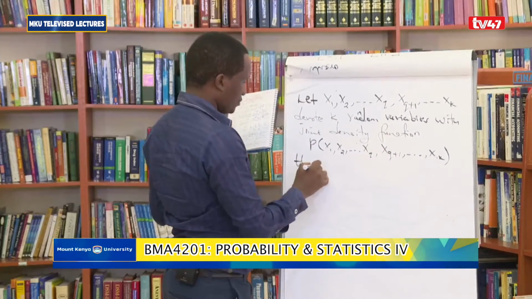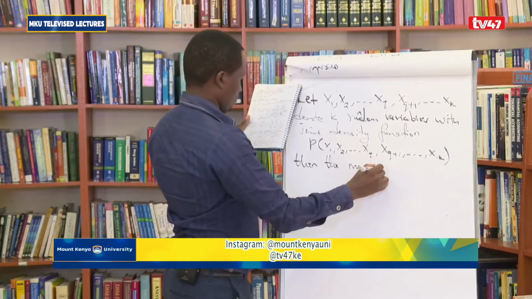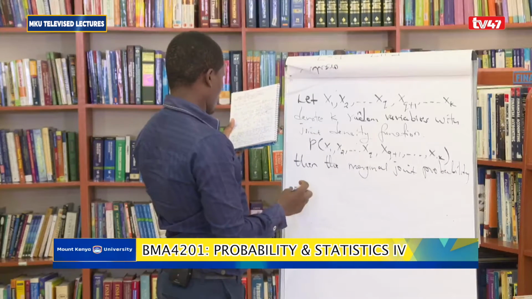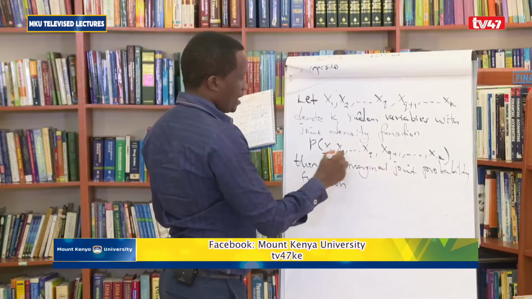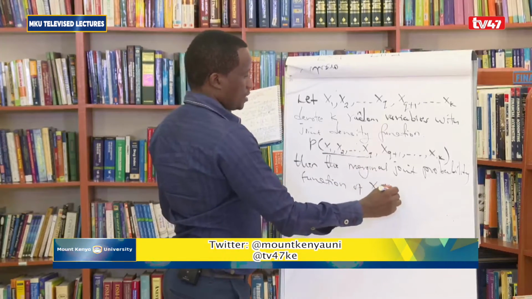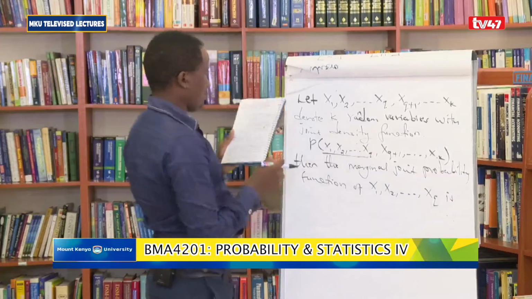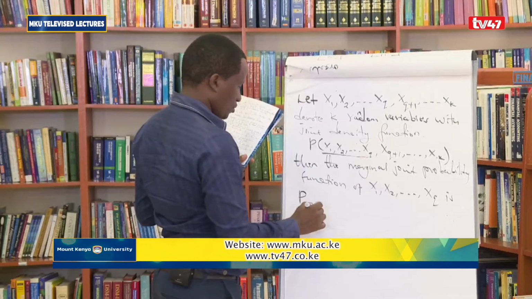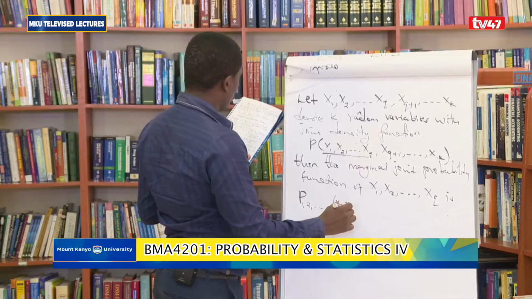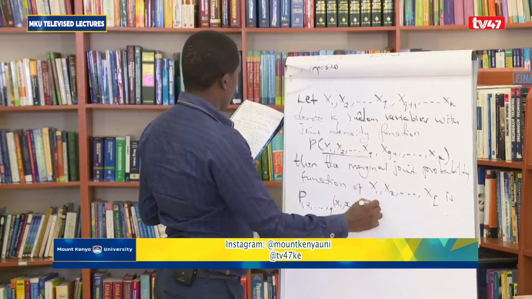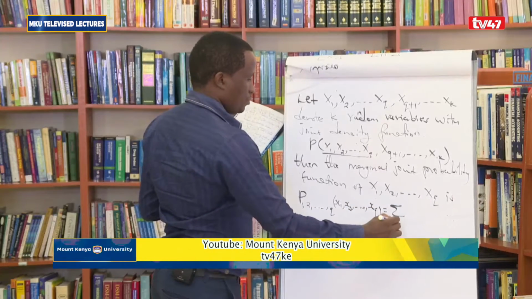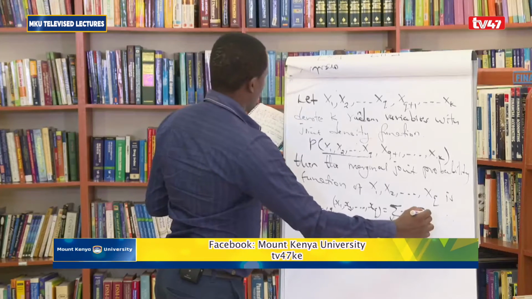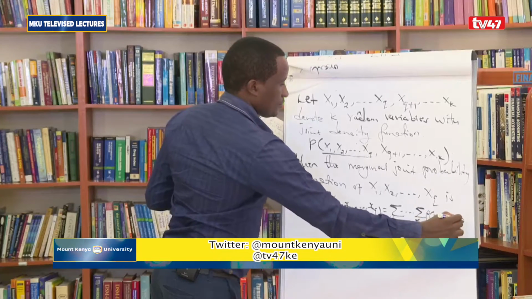Then the marginal joint probability function of the first partition x1, x2, all the way to xq is p1,2, all the way to q of x1, x2, all the way to xq, equal to summation from xq plus 1 all the way to summation up to xk, probability of the whole set up to xk.